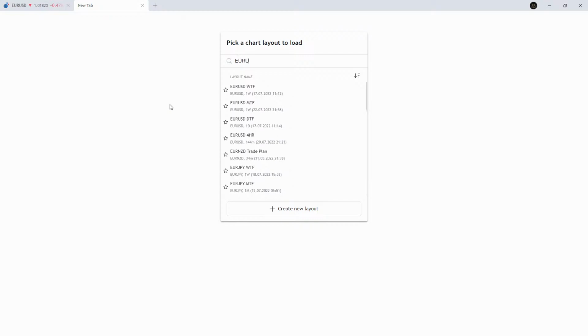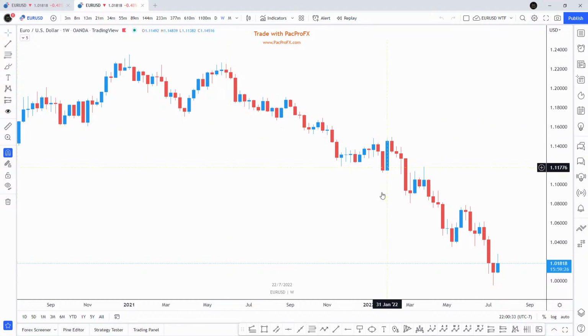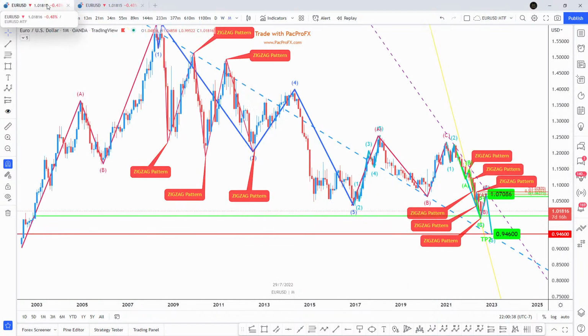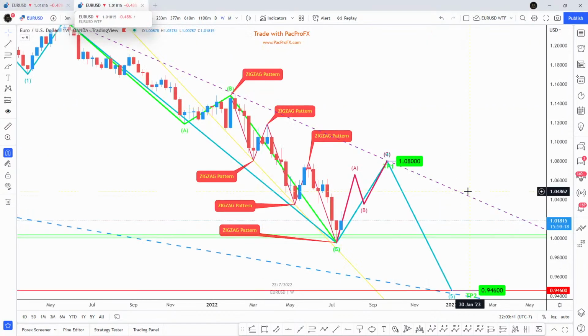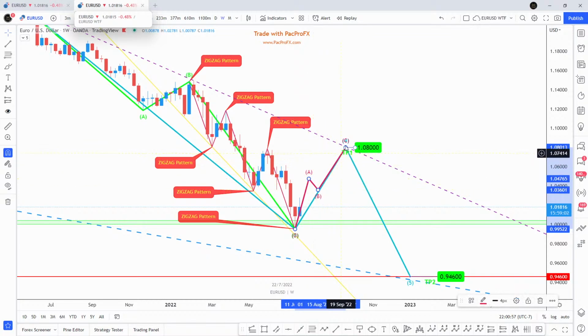Oops, Euro USD. Let's go on a weekly. 107,086. Yeah, this is going to pull down a little bit tighter because of the Italian Prime Minister getting booted and all this other stuff, and it's just a mess.